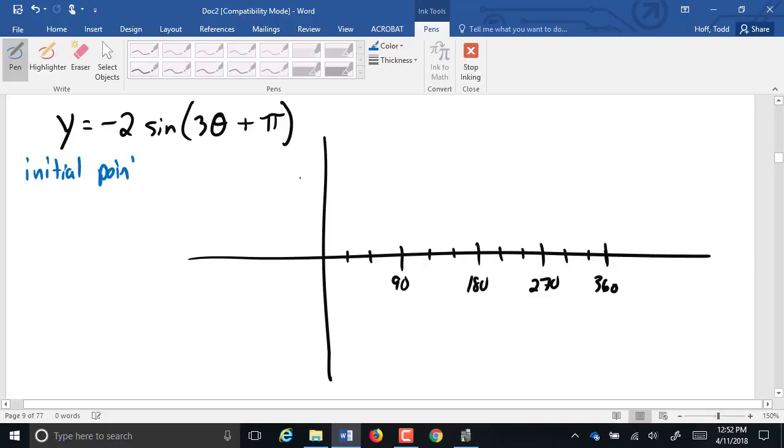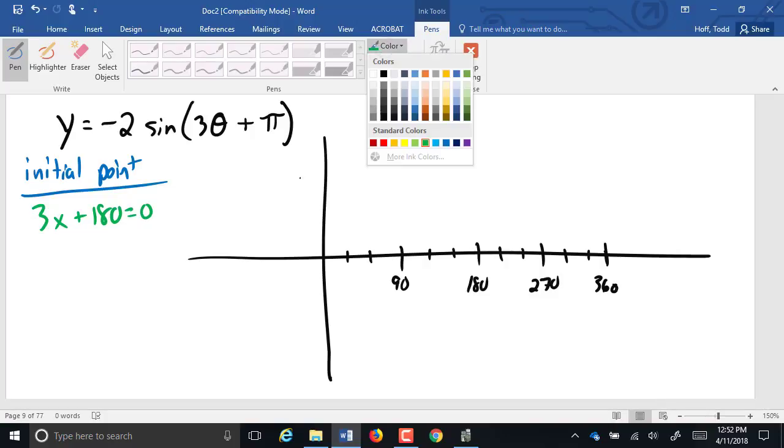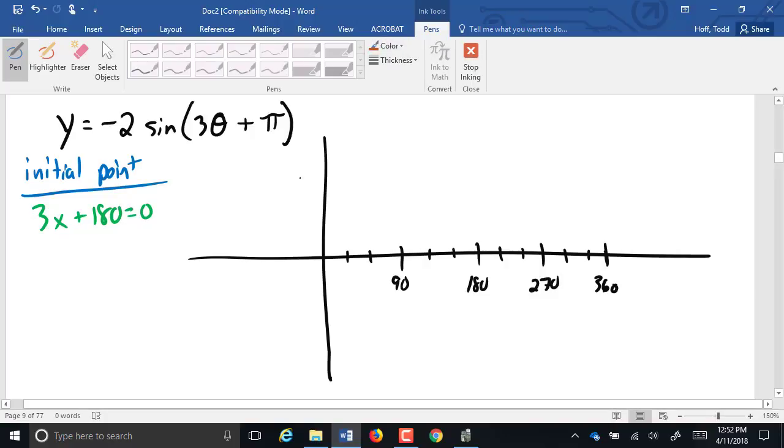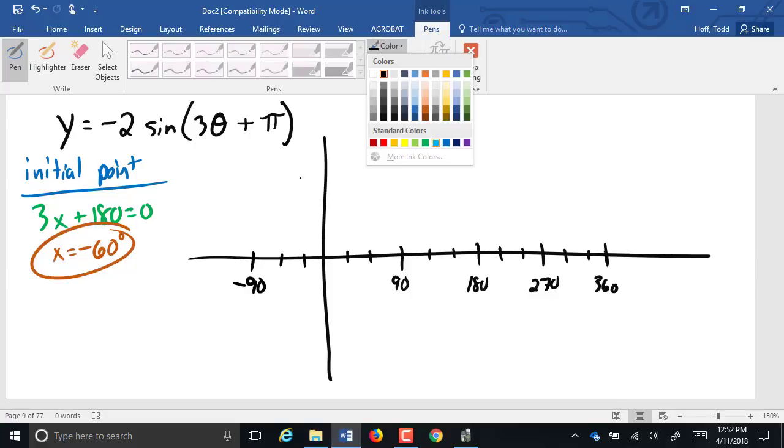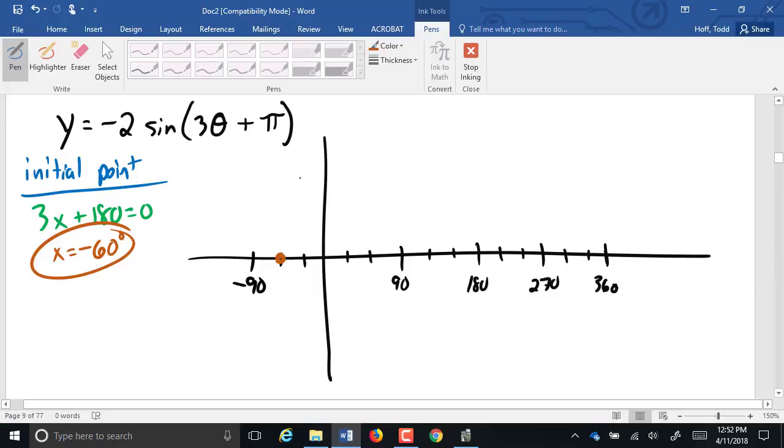Tell me how to find my initial point. 3x plus 180 equals 0. So we solve that for x. We get that x equals negative 60. So that means we've got to work backwards here. Find negative 60. That's negative 90. Negative 60 will be right there. There's my starting point.